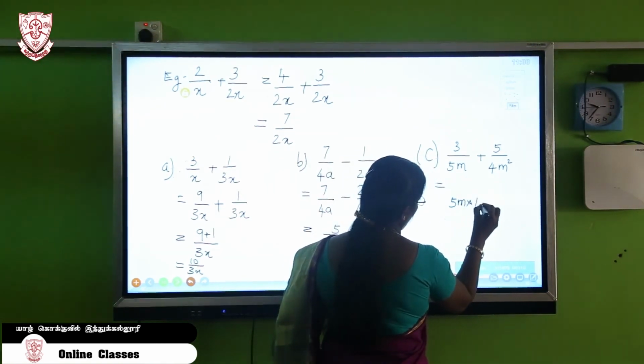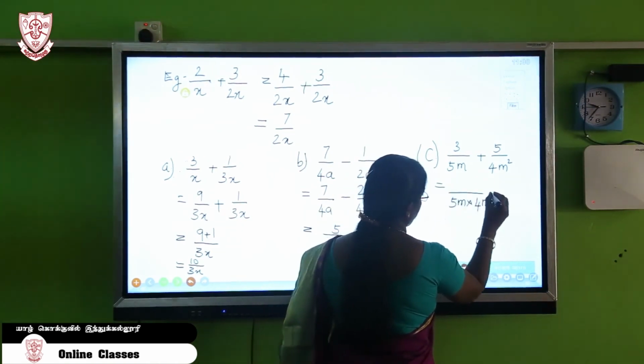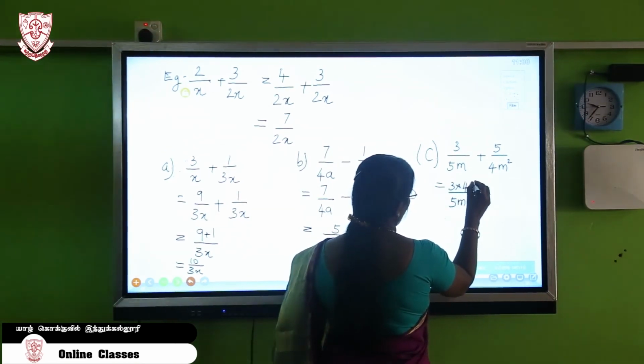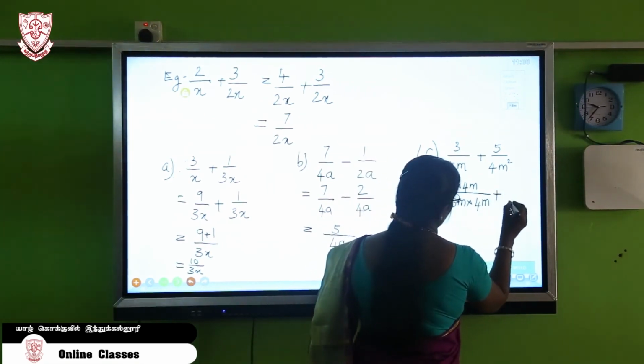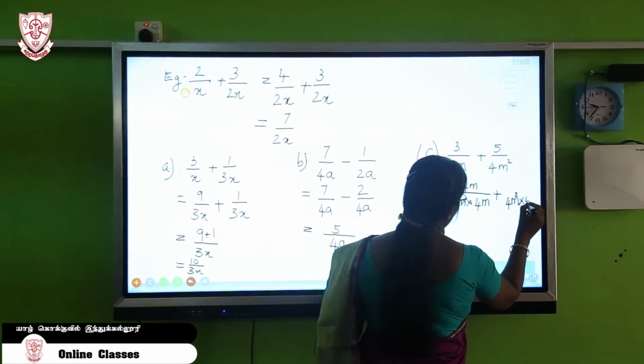Then 3 multiplied by 4n, plus 4n square, which must be multiplied by 5.